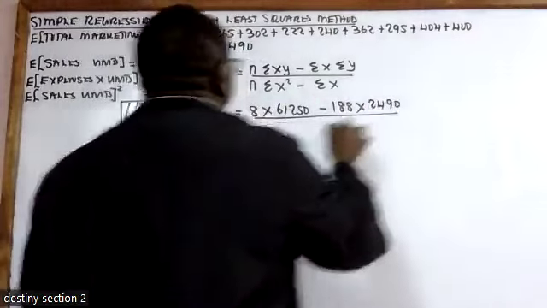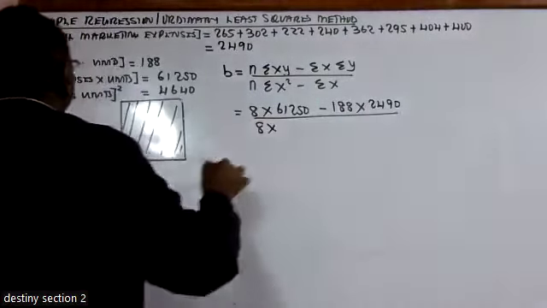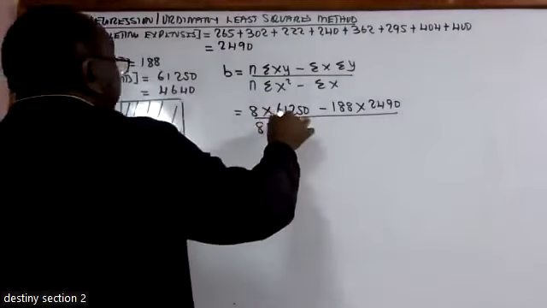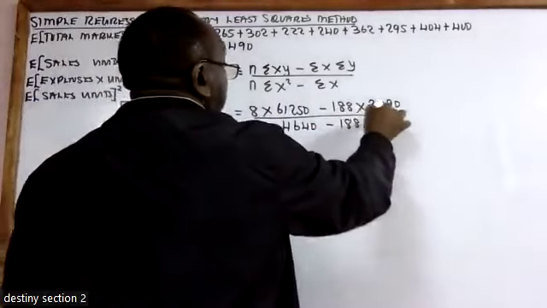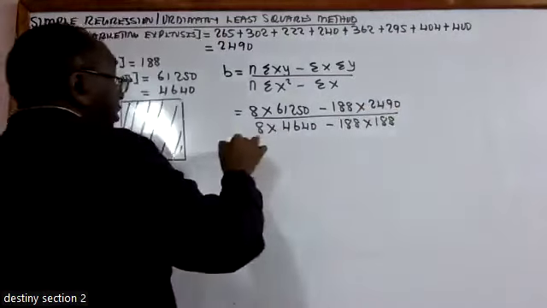You divide by 8 times sum of x squared, which is 4640, minus 188 times 188.